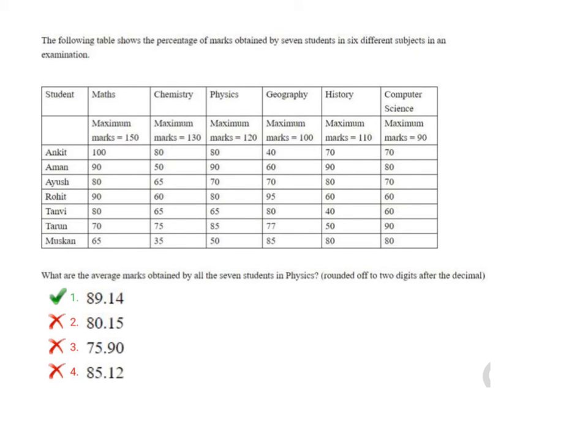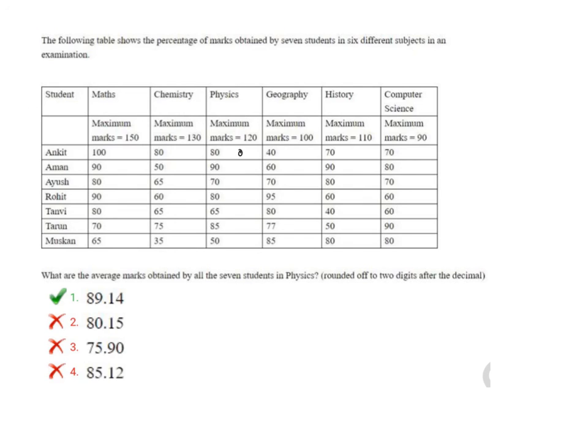Next, first study the graph. The following table shows the percentage of marks obtained by the 7 students in 6 different subjects in the examination. What is the average marks obtained by all 7 students in physics? So let's find out the average percentage first in physics. Assume that the assumed average is 80. Find out the difference.